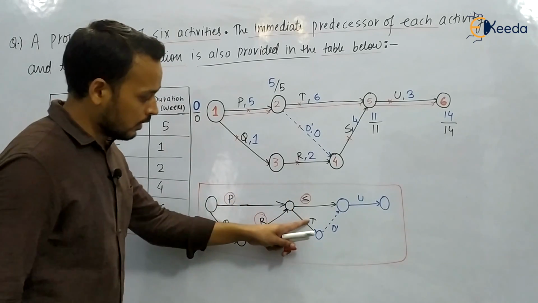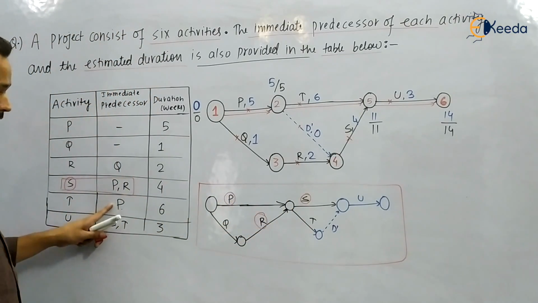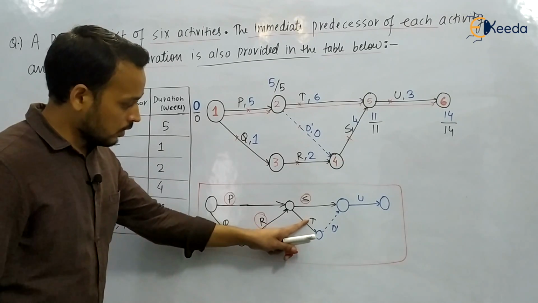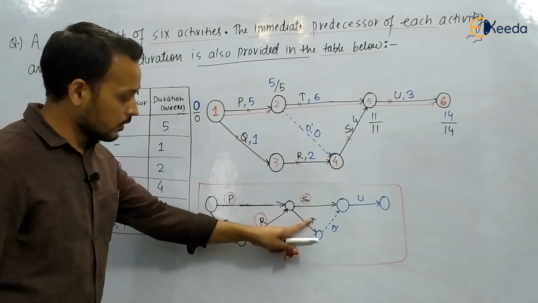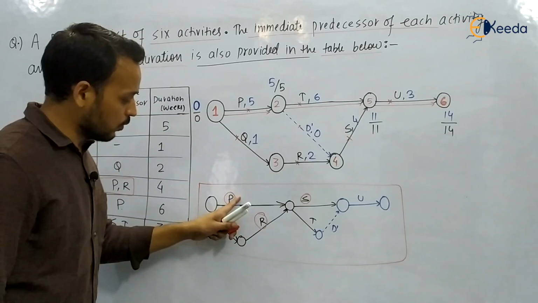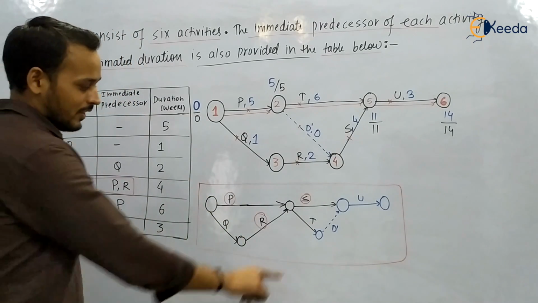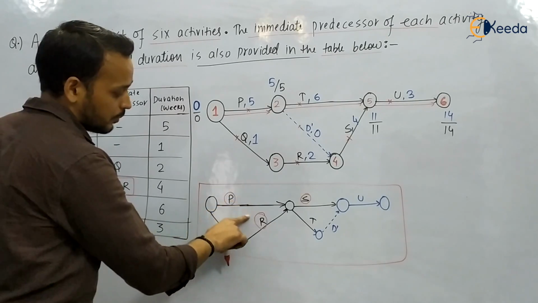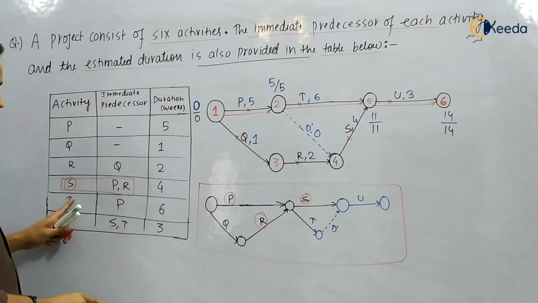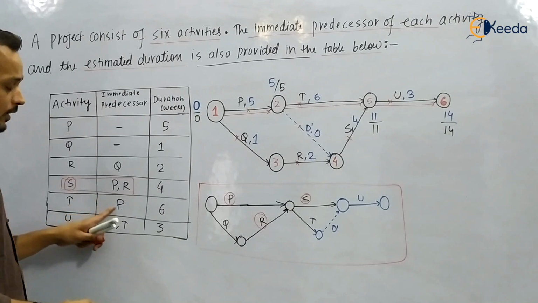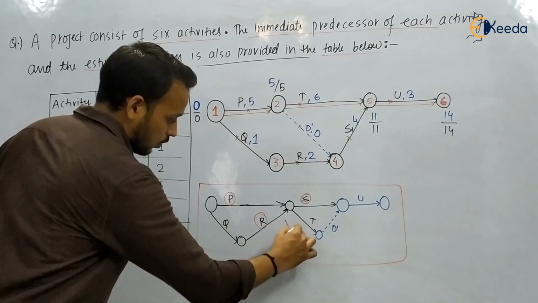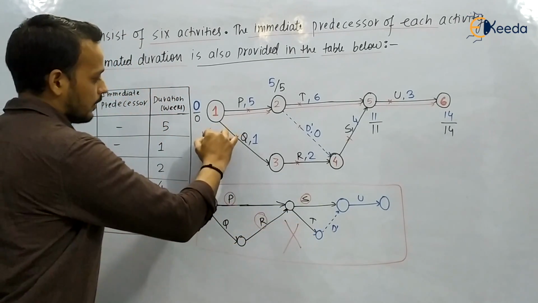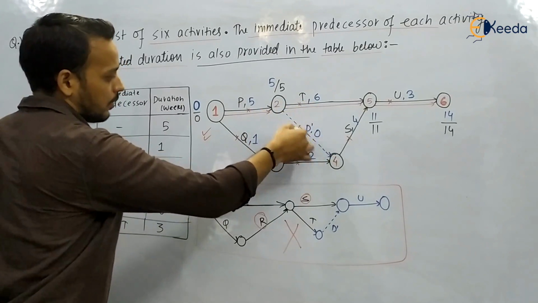But look at T. For T the precedence is P, but in this network diagram the precedence of T is both P and R. In the question, the precedence for T is only P. So this is a wrong network diagram. This one is correct, and that's why we have taken the dummy here.